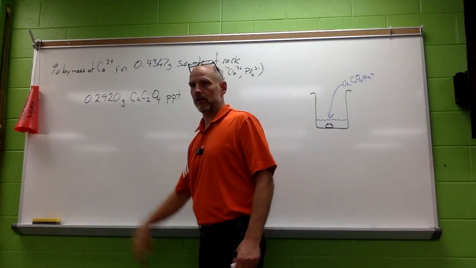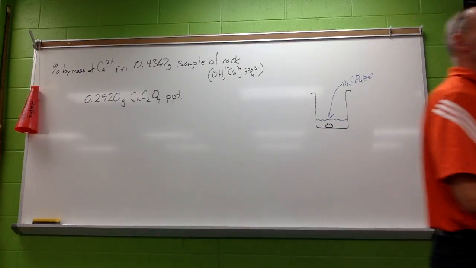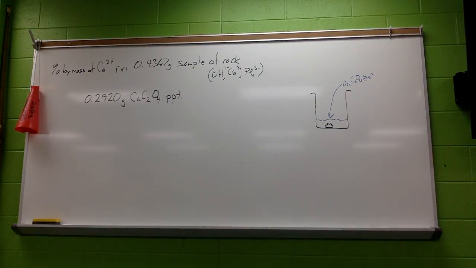We now know the mass of the calcium oxalate. If we know the mass of the calcium oxalate, can I find out what the mass of calcium was that was in that? This is an incredibly familiar process. If you remember our combustion analysis problems, where we were able to find the amount of carbon that was in carbon dioxide and the amount of hydrogen that was in water. Do you guys remember doing that?